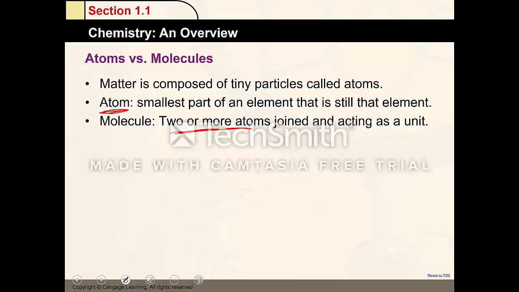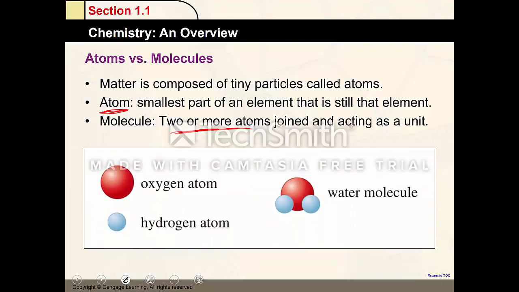Yesterday we talked about water, which is H2O. It is called H2O because it consists of two hydrogen atoms and one oxygen atom. So it acts as a unit. It doesn't act as individual hydrogen and oxygen atoms.